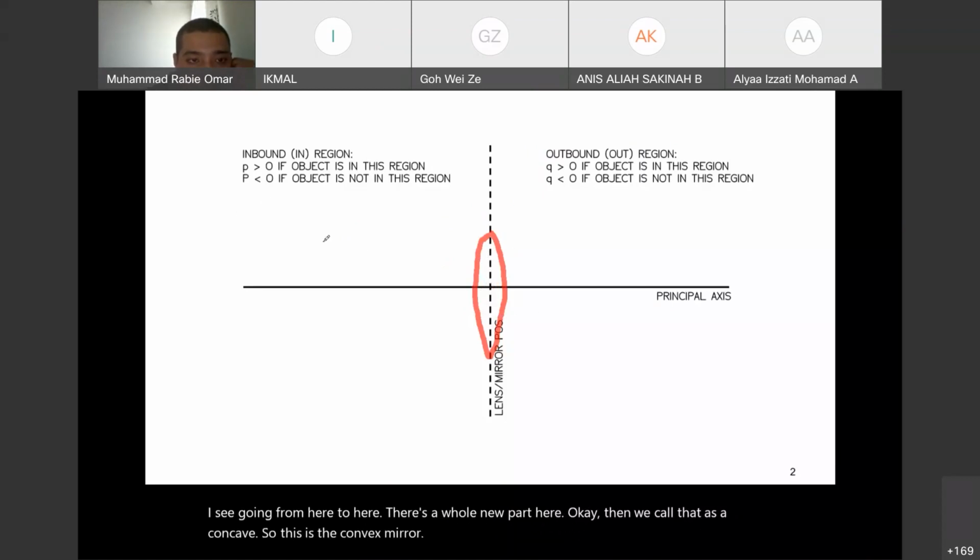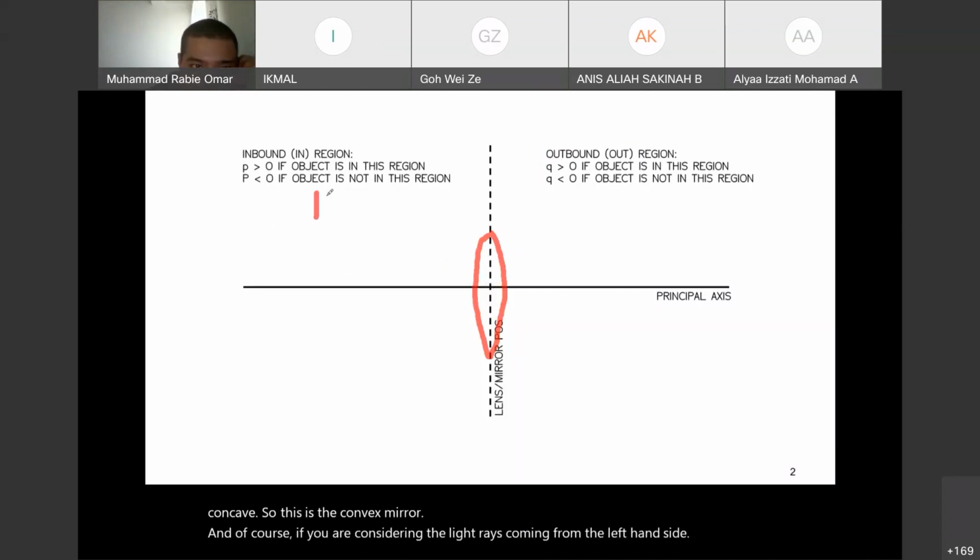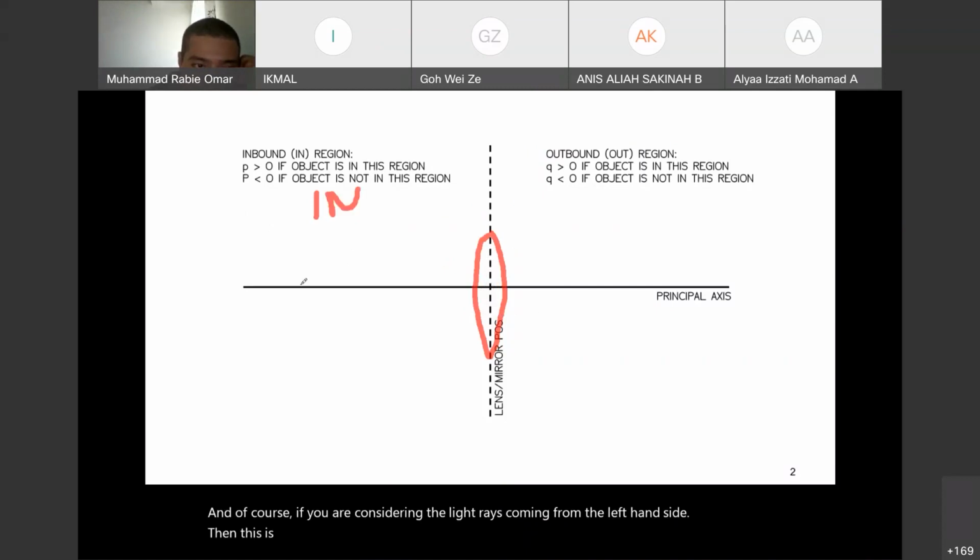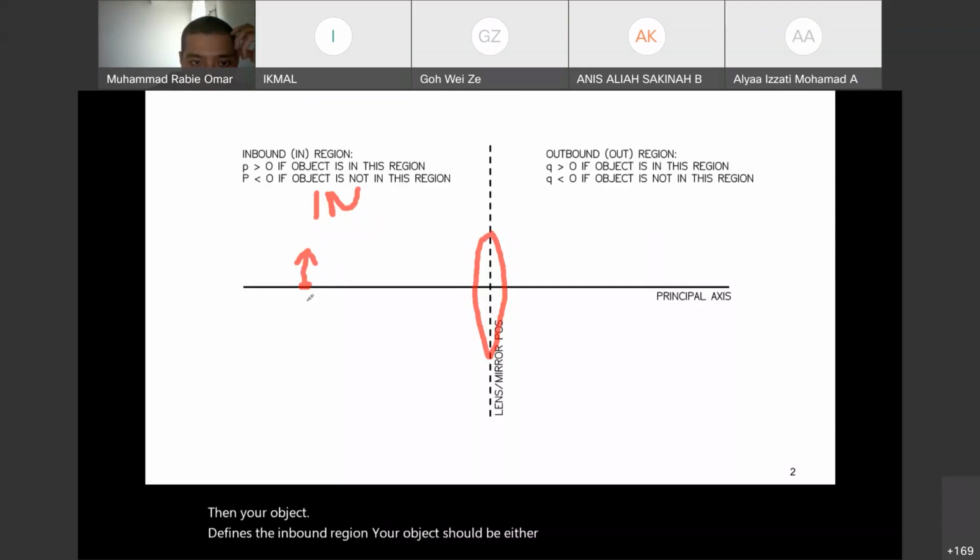And of course, if you are considering the light rays coming from the left-hand side, then this is your in region. And then if you have your object here, let's say if I draw my object here, then your object defines the inbound region. Your object should be either here or here.